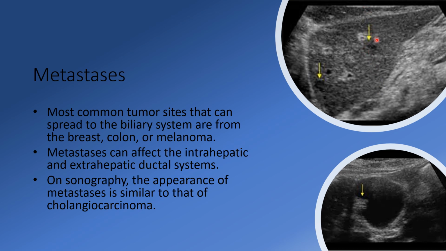You can see the arrow is pointing to a smaller dilated duct that should be anechoic but seems to be filled in and is closer to the same echogenicity as the liver itself. And then down here, we've got that large cystic dilation with a solid carcinoma inside of it. That concludes our discussion on gallbladder and biliary system pathology.